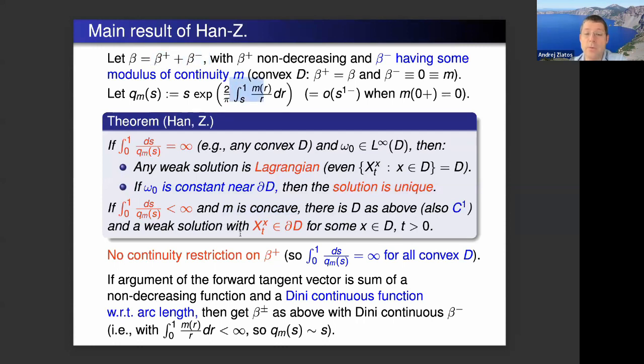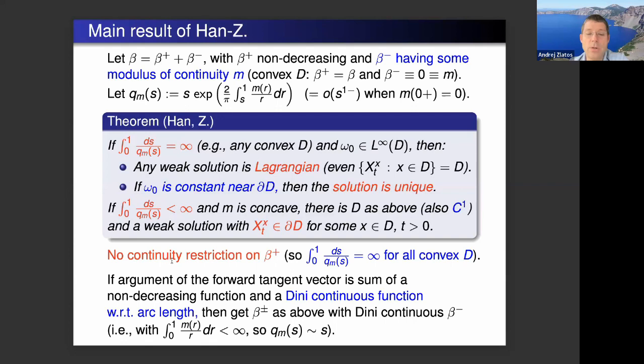And there exists a weak solution that has a particle trajectory starting inside the domain, reaching the boundary in finite time. Okay, so that's basically a sharp characterization of when particle trajectories can reach the boundary in finite time.